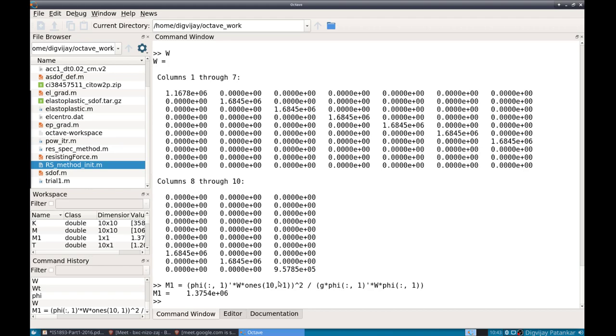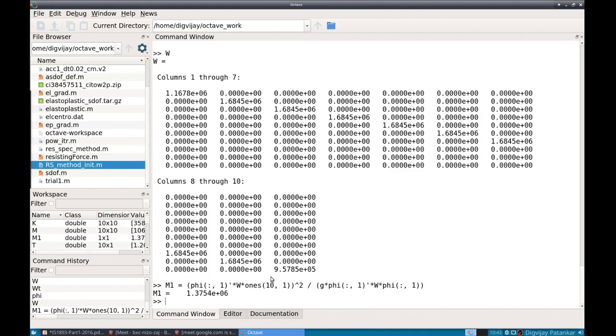Copy the above M1 expression and make change in that. M2 is 1.36 into 10 to the power 5. 1.36 10 to the power 6.